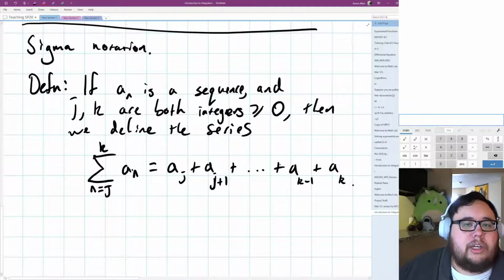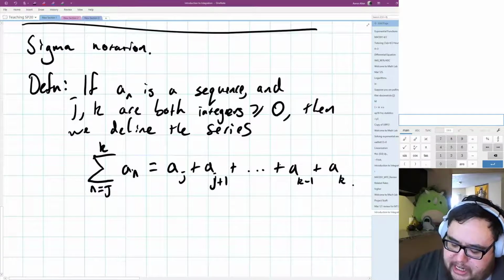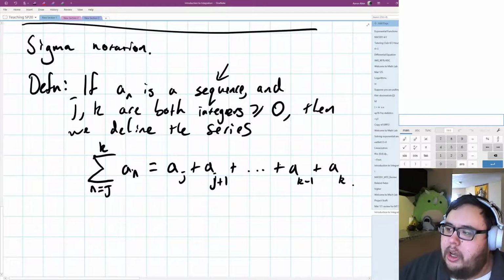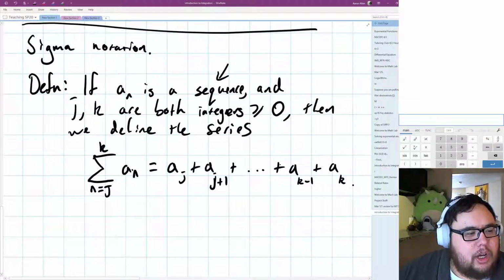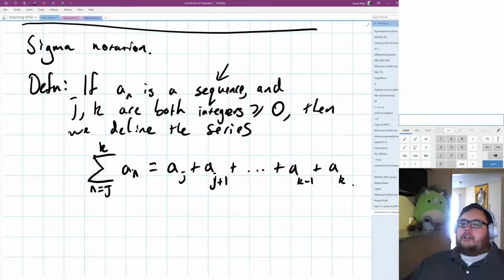So quickly, just to note, there is a term inside a term here: sequence. A sequence is just a list of numbers. They don't necessarily have to be integers. They can be any numbers. For us, our sequences will always be of real numbers, and they will be defined pretty explicitly. We're not going to mess around too much with sequences.